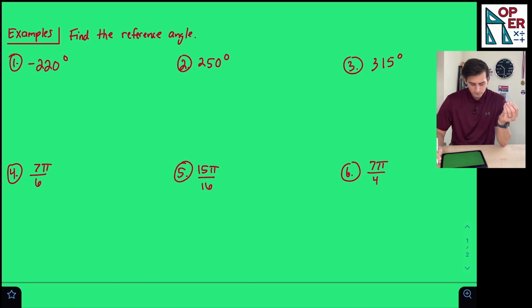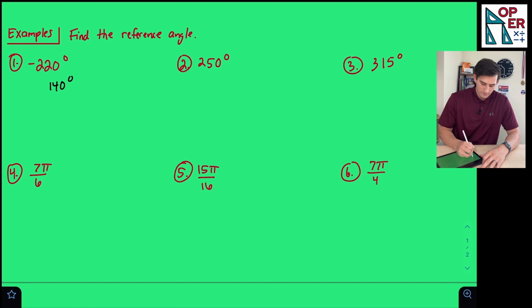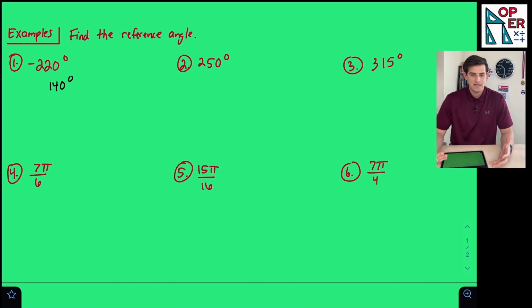Negative 180 would get us to our x-axis between quadrants 2 and 3, and then we go 40 more degrees up from that. So a coterminal angle here would be 140 degrees. Another way of thinking about that is we could just add 360 to negative 220, and we get, excuse me, positive 140.